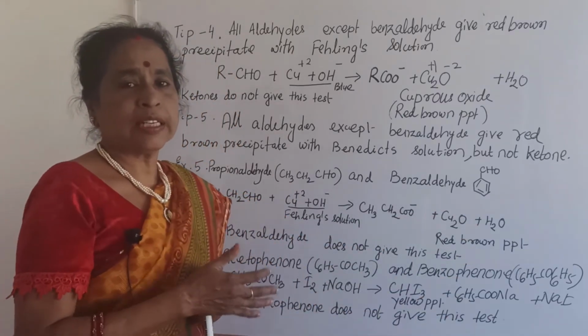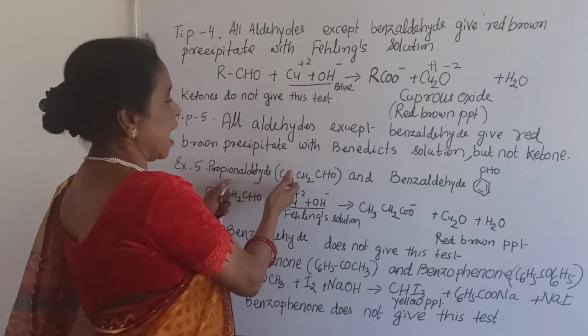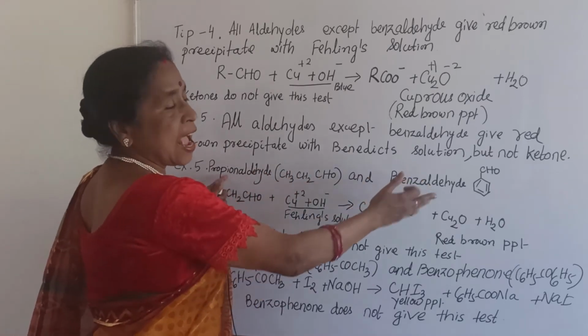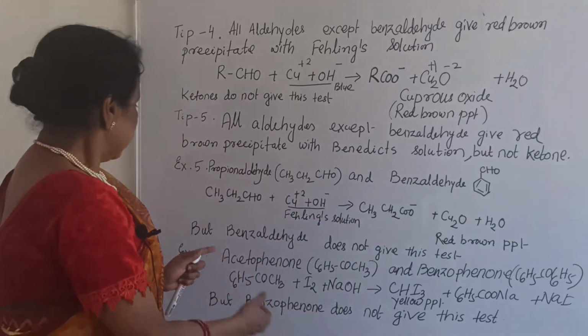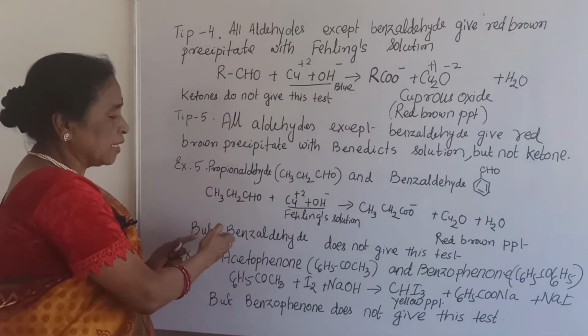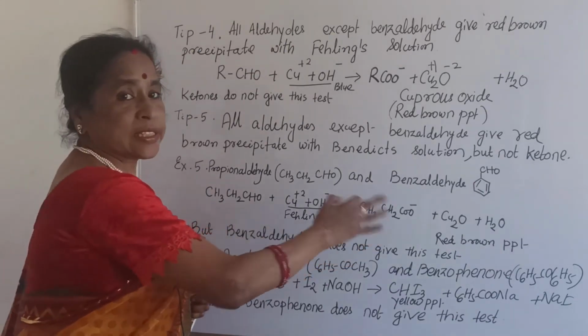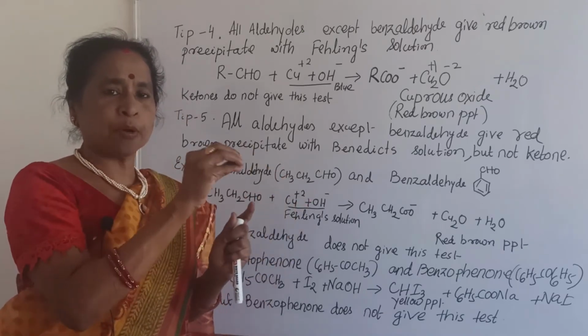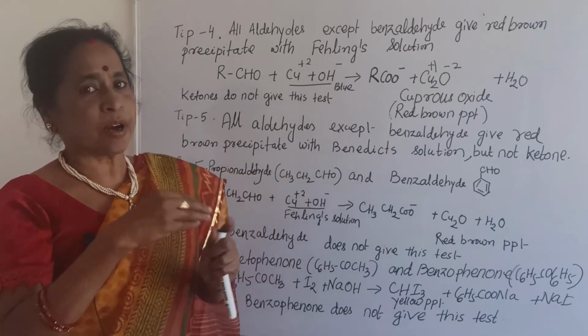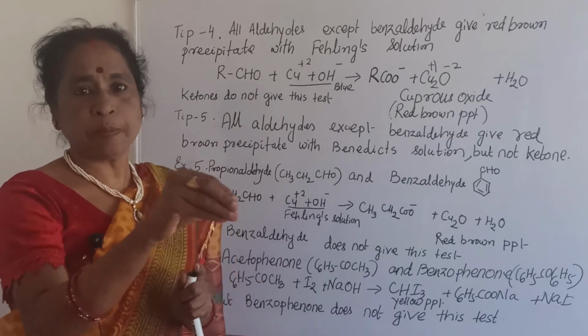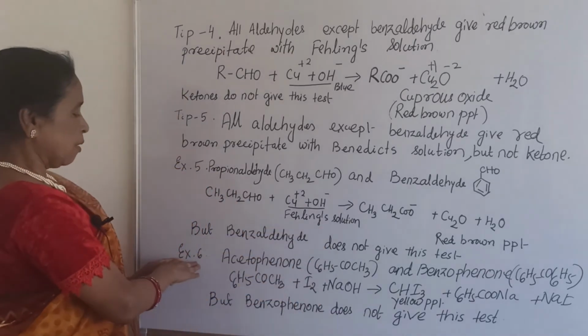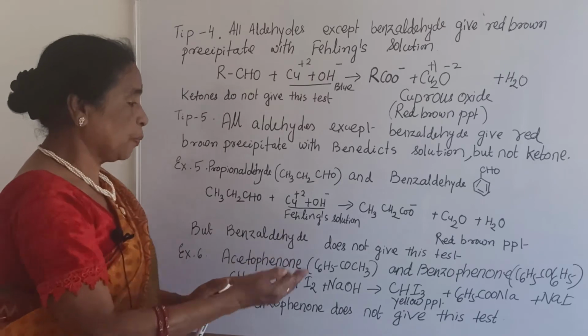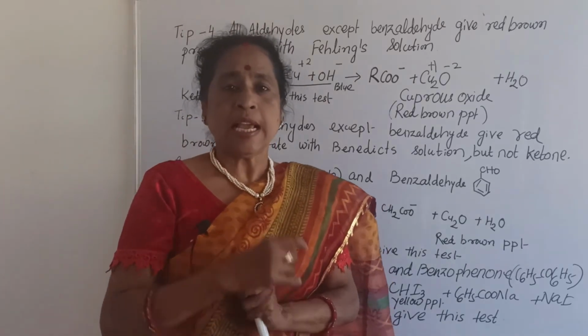This is a very important test to distinguish between aliphatic aldehyde and benzaldehyde. But here you should write benzaldehyde does not give this test, otherwise it has no meaning. You compare both and write for one this is the positive test and for the other this test is not possible for this compound.